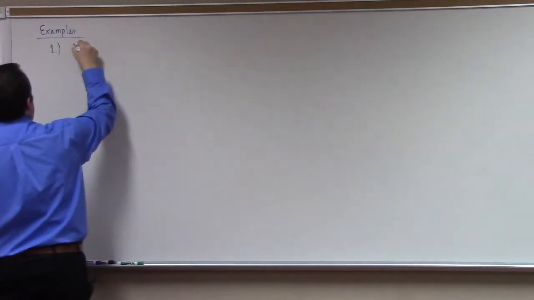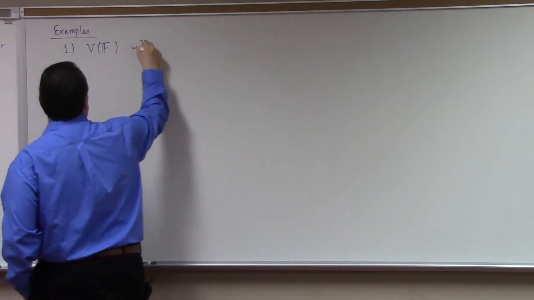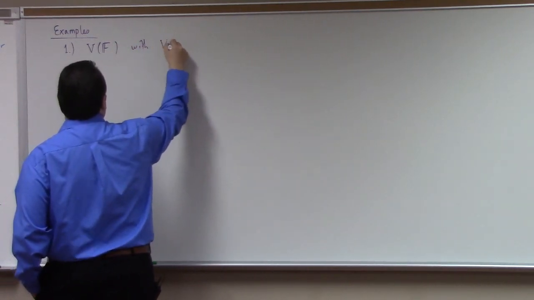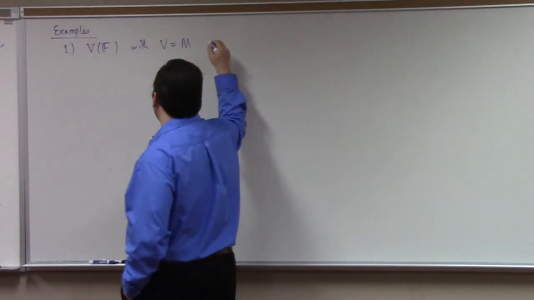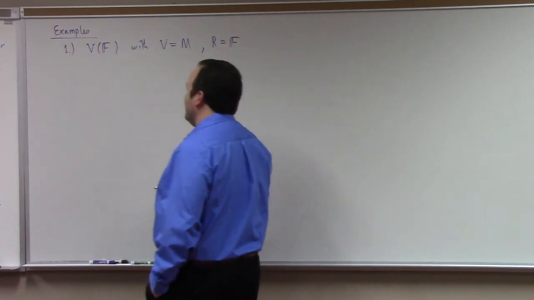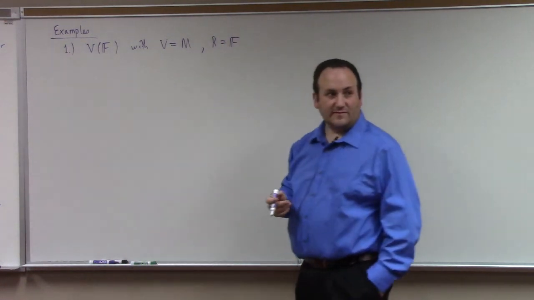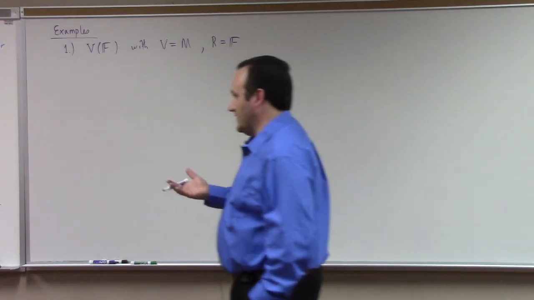Obviously, a vector space over a field, and I'll use the letter V. The point set is the set of vectors, right? The ring is the field. So any vector space that we have previously discussed is a module, right?